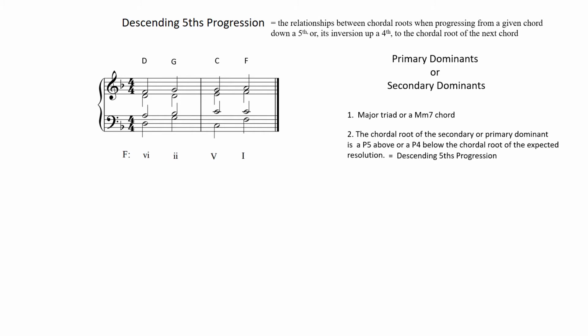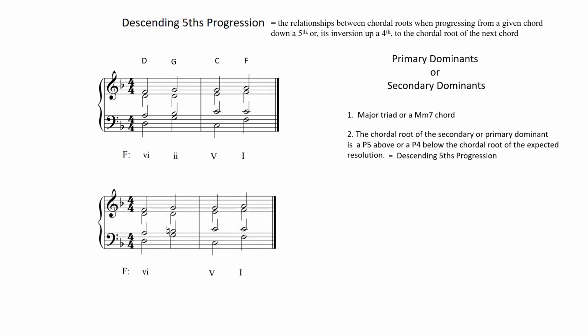However, we can alter them very slightly just by raising the chordal third a half step to create a major triad, and in doing so, they will satisfy both criteria. Let us try to alter the G minor triad first to a major triad by raising the chordal third, the B flat to B natural.